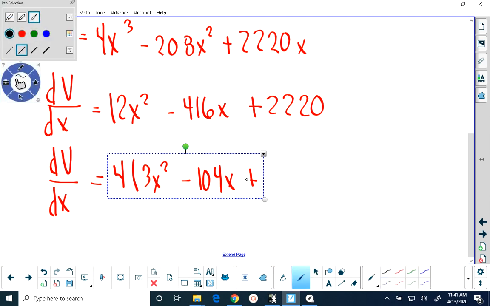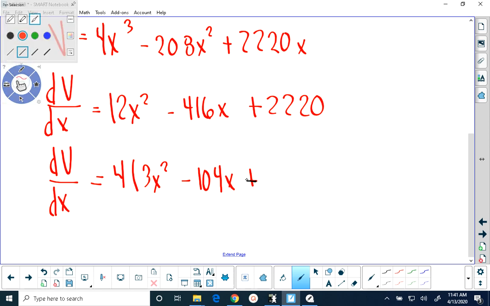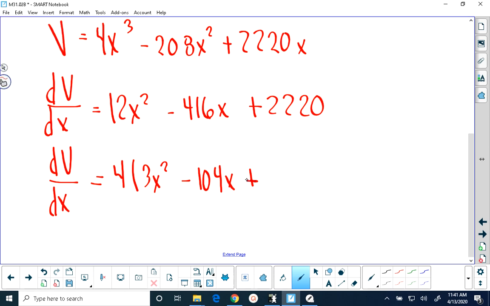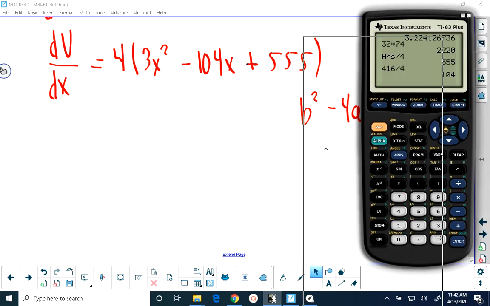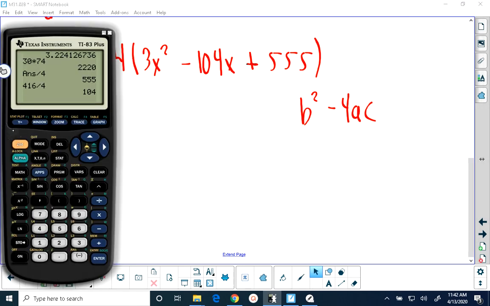And now, as I said, what you would like to do is factor that, if at all possible. I don't think it's factorable, but we can do the b squared minus 4ac test. And remember, if b squared minus 4ac is a perfect square, then the quadratic is factorable. b is negative 104.